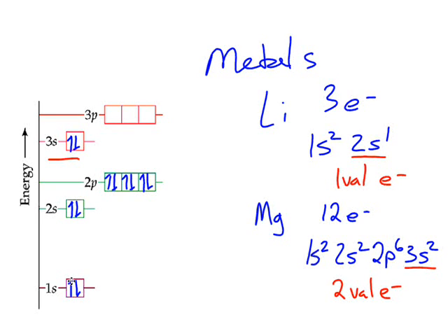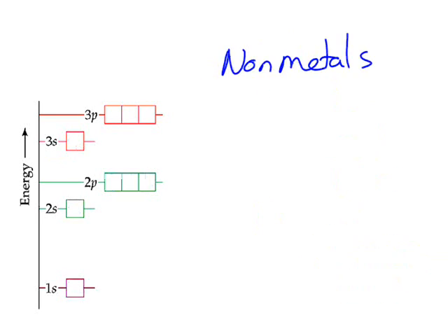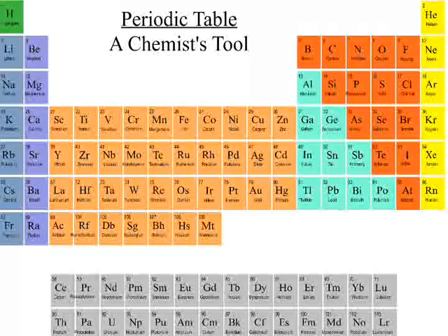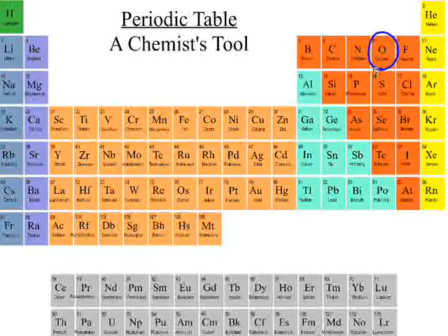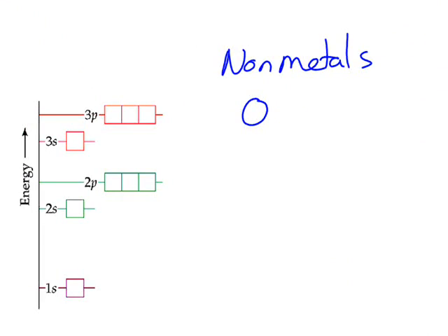Now, if we take a look at nonmetals, we'll start with oxygen. Let's take a look at where it is on the periodic table. Oxygen is located right up here. It's element number 8, which means it has 8 protons. A neutral oxygen atom would also have 8 electrons. We're going to go ahead and fill those electrons in.